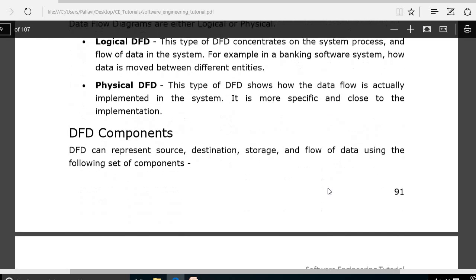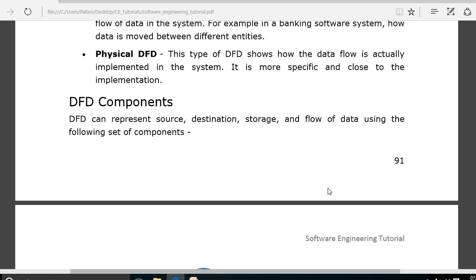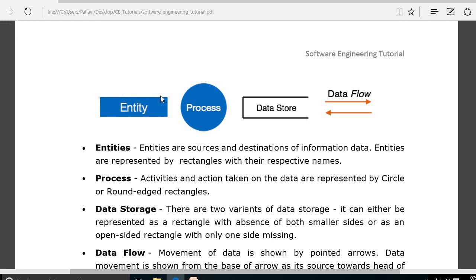Now if we see DFD components, a DFD can represent source, destination, storage, and flow of data using the following set of components. This is an entity, a rectangle shape, and a process is a circle shape.